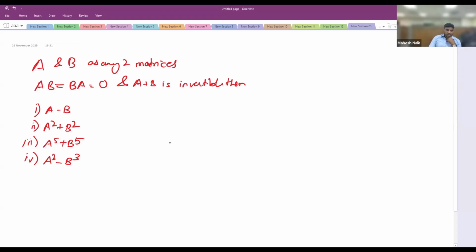So it is given that A plus B is invertible, and AB and BA are equal to 0. Are A and B individually invertible or not? It's not given individually. So A and B are just matrices, but A plus B is invertible.